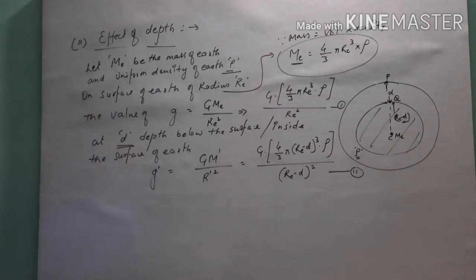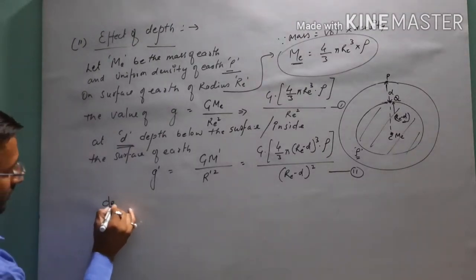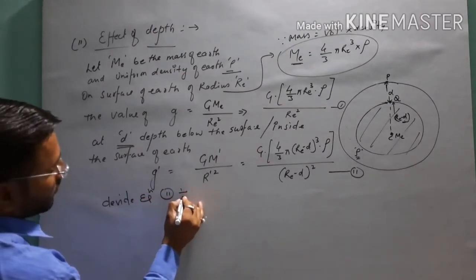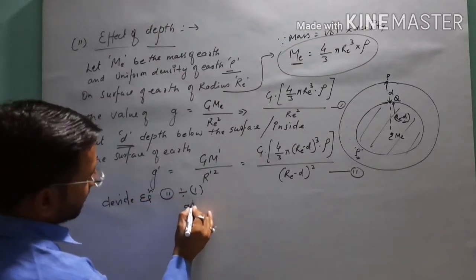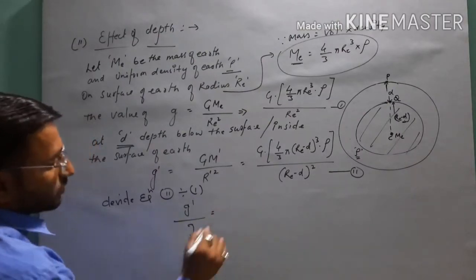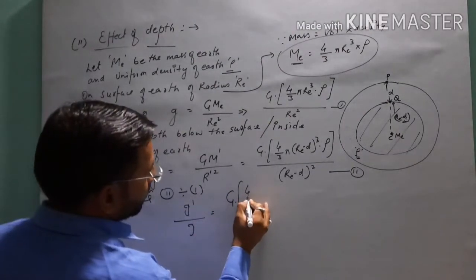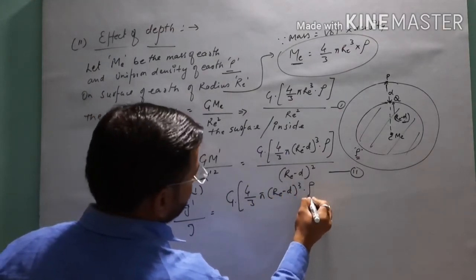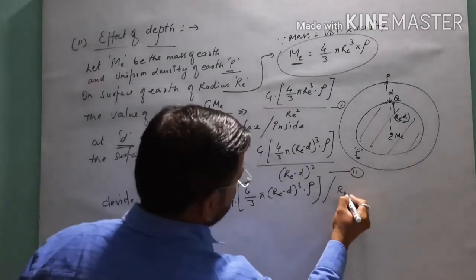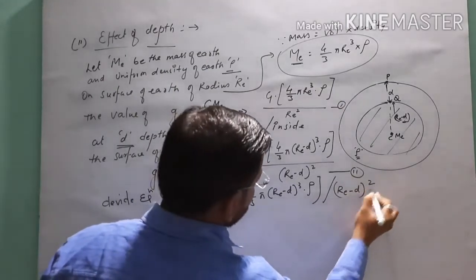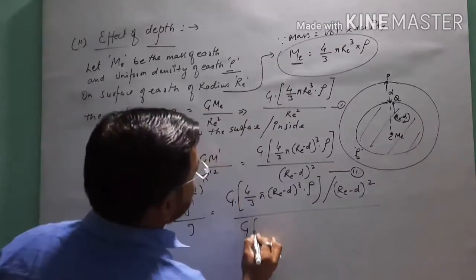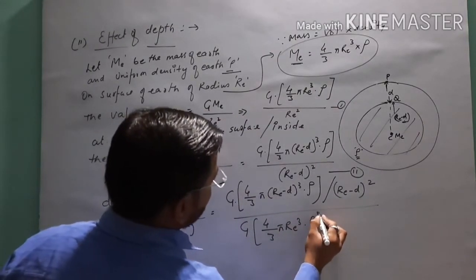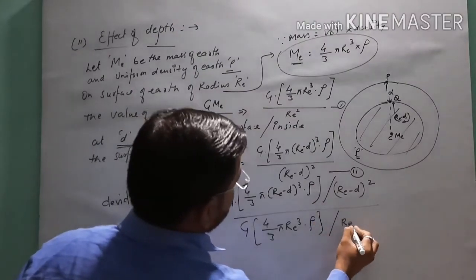Point clear here? Now you can divide equation 2 by 1. So we can write here g dash by g is equal to G into 4 upon 3 pi (Re minus d) whole cube of rho upon (Re minus d) whole square, upon G into 4 upon 3 pi Re cube into rho upon Re whole square.